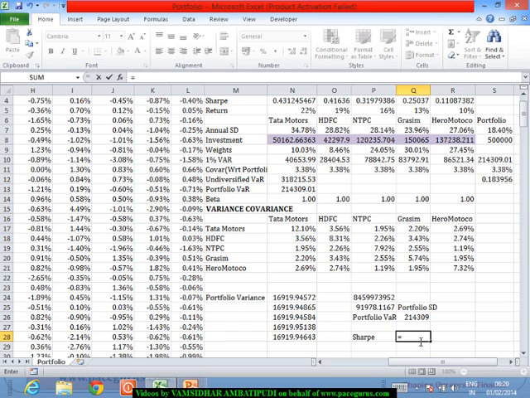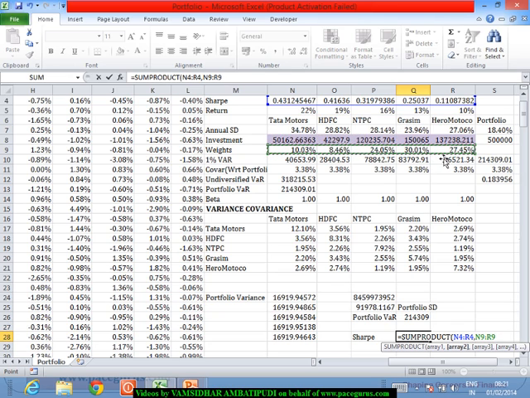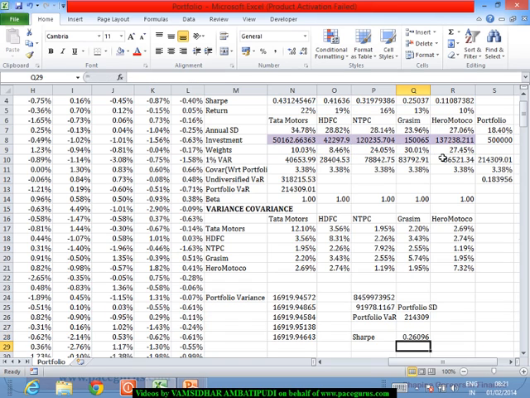So I'll go with the sum product of these Sharpe ratios with their corresponding weightages, which gives somewhere around 0.26, or probably I could have computed the portfolio return itself here. What is my portfolio return?